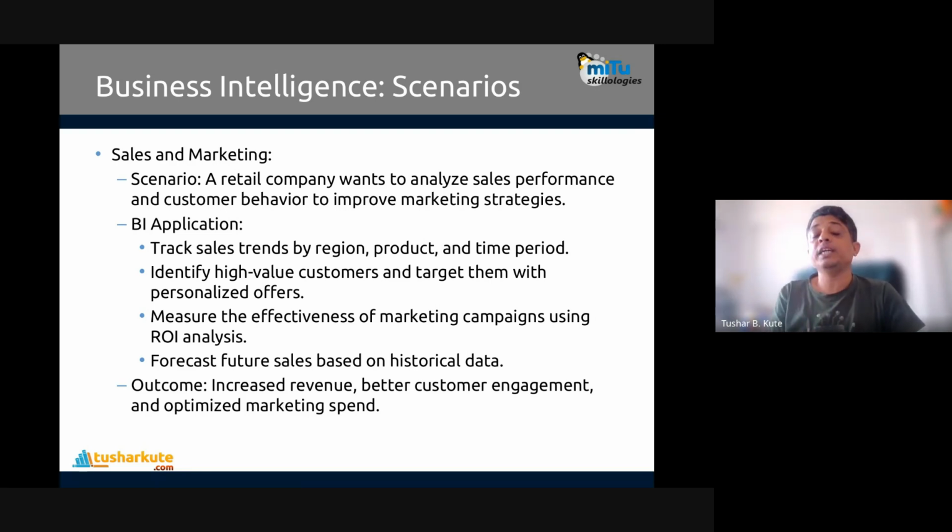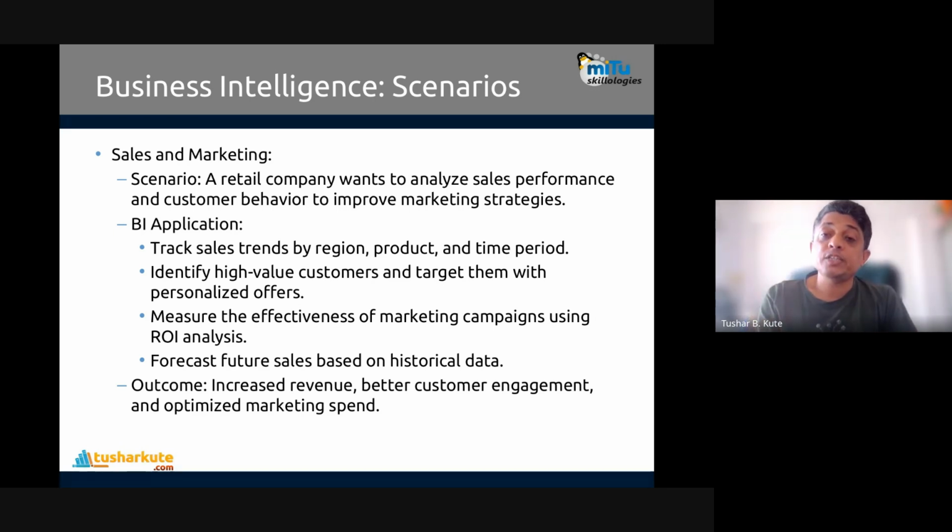We can identify where our sales are very high and where our sales are very low. Accordingly, ROI can be identified where maximum throughput can be achieved. Then you can use predictive analytical methods to forecast future sales based on historical data. Definitely, all these BI applications can be used.